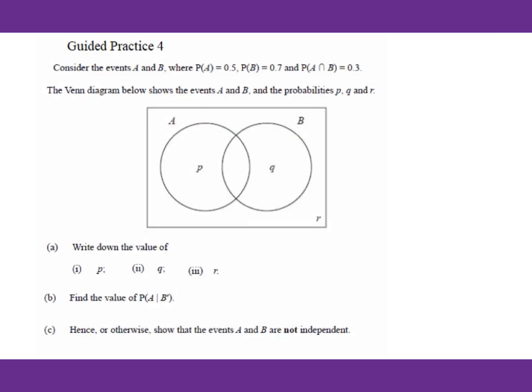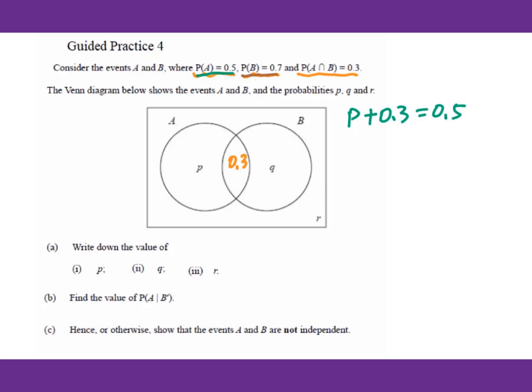Guided practice 4. Consider the events A and B. Probability for A is 0.5. Probability for B is 0.7. Intersect is 0.3. So I will label this as 0.3. We need to work out P, Q, R. Probability for A, 0.5, means P plus 0.3 equals 0.5.